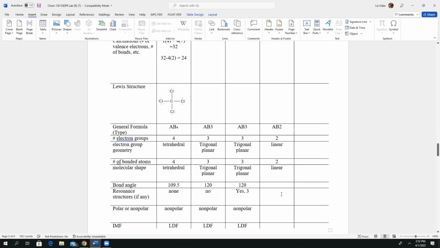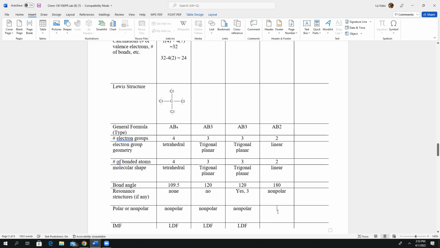Linear, okay. And the angle, of course, is 180 because if you take a circle divided in 2, you get a linear. Therefore, this is also no resonance, and it is nonpolar.